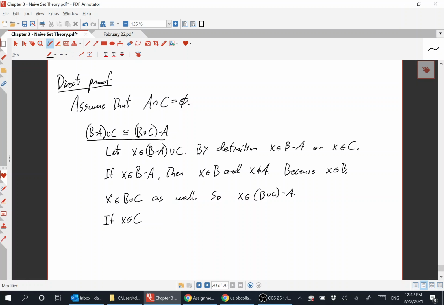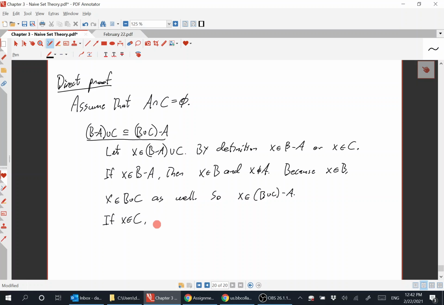All right. So that's if x is in b minus a. Now we're going to look at if x is in c. If x is in c, now we got to show that x is in b union c minus a.